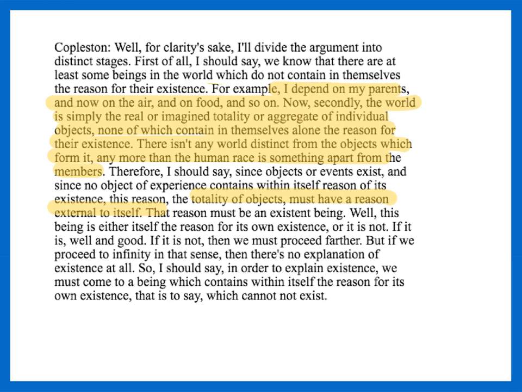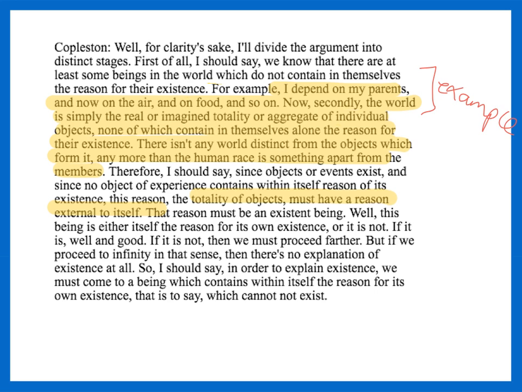And here I've just included the quotation. So this might be something that you might want to pause and just note down any of the nice little phrases. I think something that's quite useful is this part where Copleston is using an example of himself as a contingent being, that he depends on his parents, etc., for why he exists.